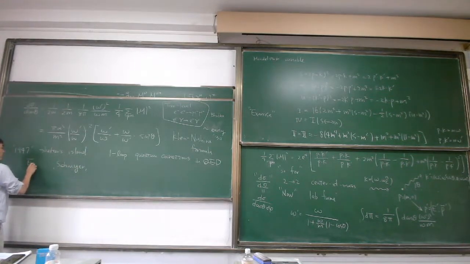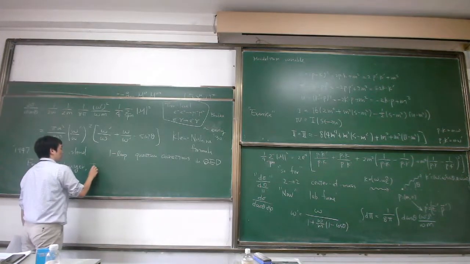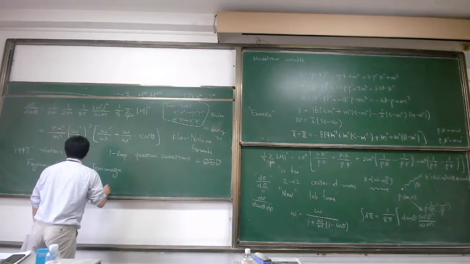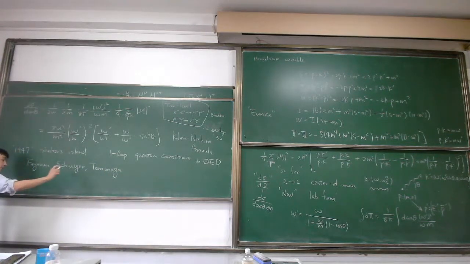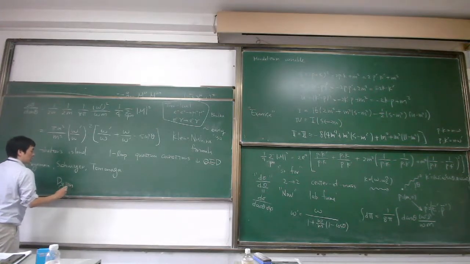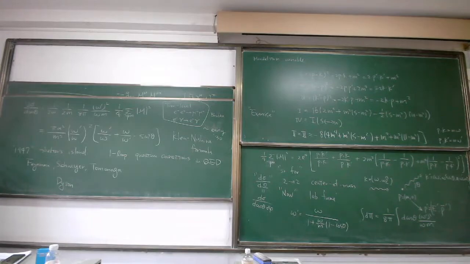Let's do the alphabetical: Feynman, and then Tomonaga. Independently developed, but their formulations are all equal, which was shown by Dyson.